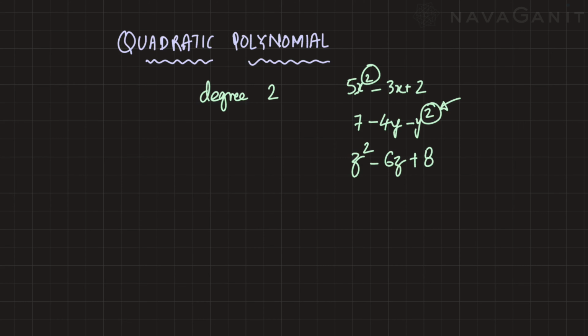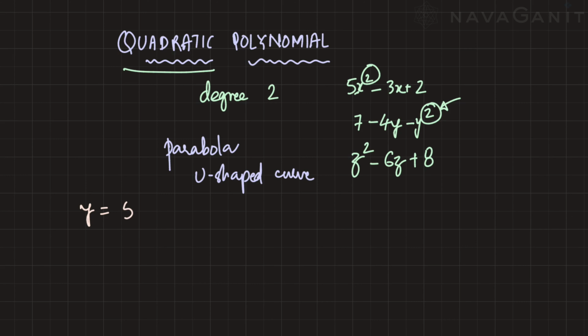So why is it called a quadratic? Because the graph of a quadratic polynomial is a parabola, which is a U-shaped curve. For example, say we need to plot the graph of y equals 5x squared minus 3x plus 2.